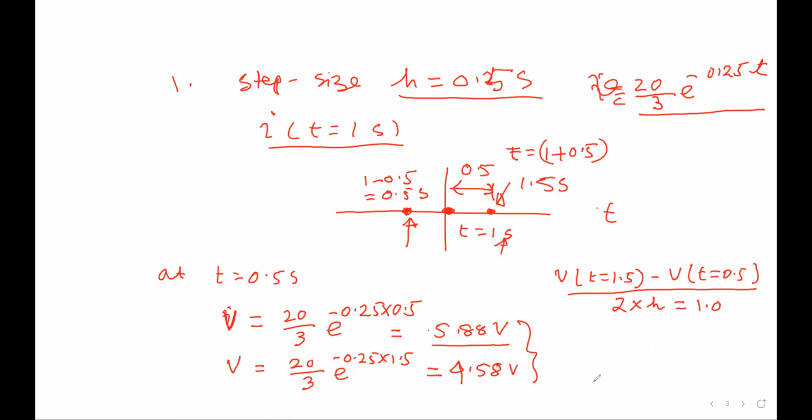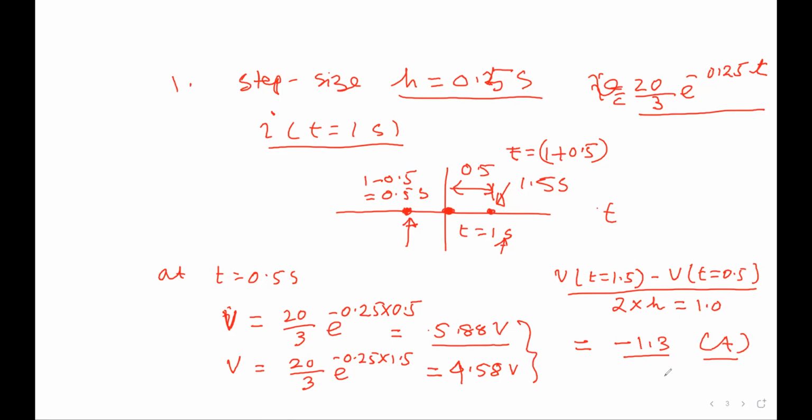Yes, sir. This is equal to minus 1.3. The unit should be ampere, isn't it? Yes, sir. So this is your current at time t equal to 1 second using the central difference formula.